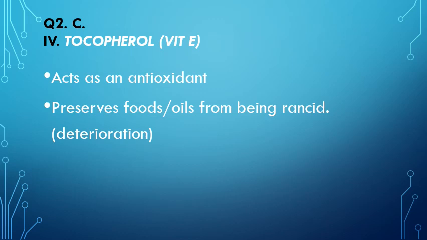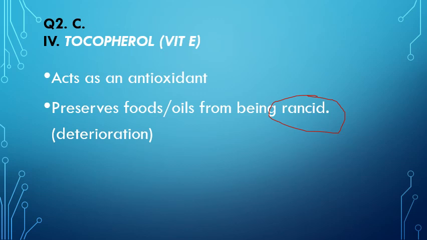Next point, it preserves foods or oils from being rancid. When we talk of rancidity or rancid, it's simply when oil is broken down and it starts producing some very unpleasant odors. That's what is meant by rancid.